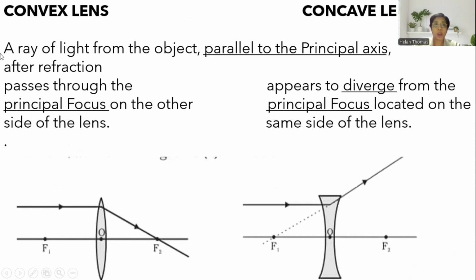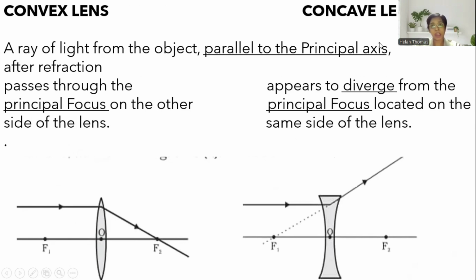In the case of a convex lens, when a ray of light from the object falls parallel to the principal axis, after refraction it will pass through the focus on the other side of the lens.